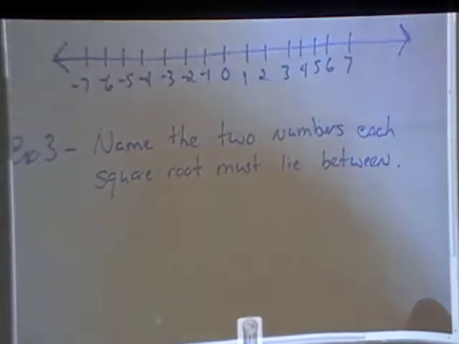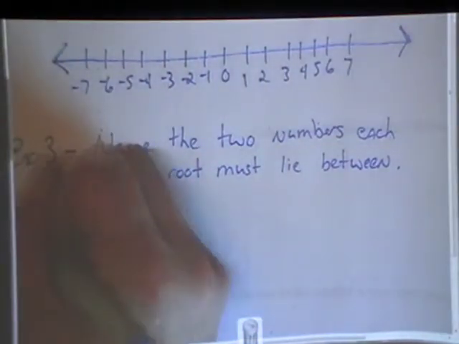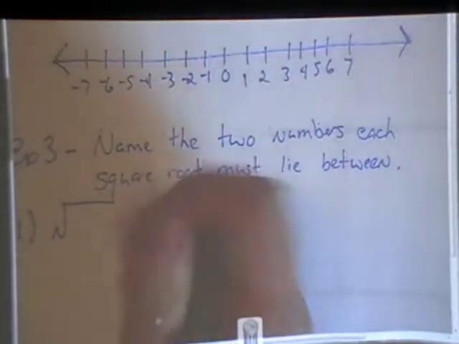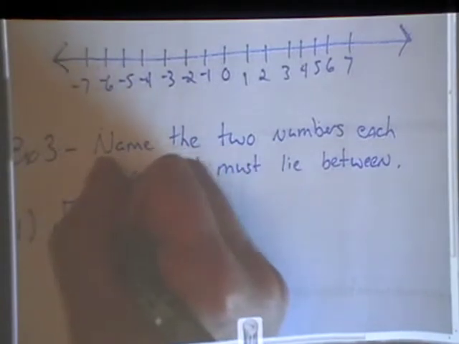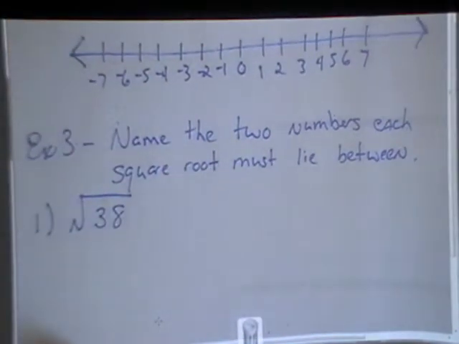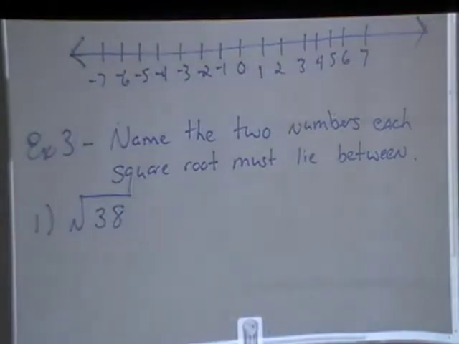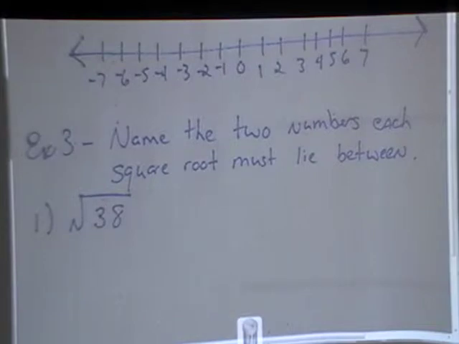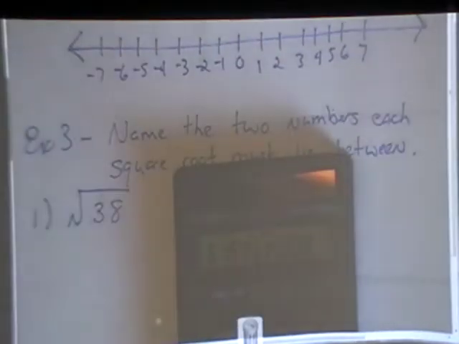Alright, I'm going to try to keep my line down so you can see. So let's say I want to take the square root of 38. Okay, again, 38 is not a perfect square, so this is going to be an irrational number. Alright, step 1. Take the square root of 38 on your calculator. Alright, so I got 6.164414003.